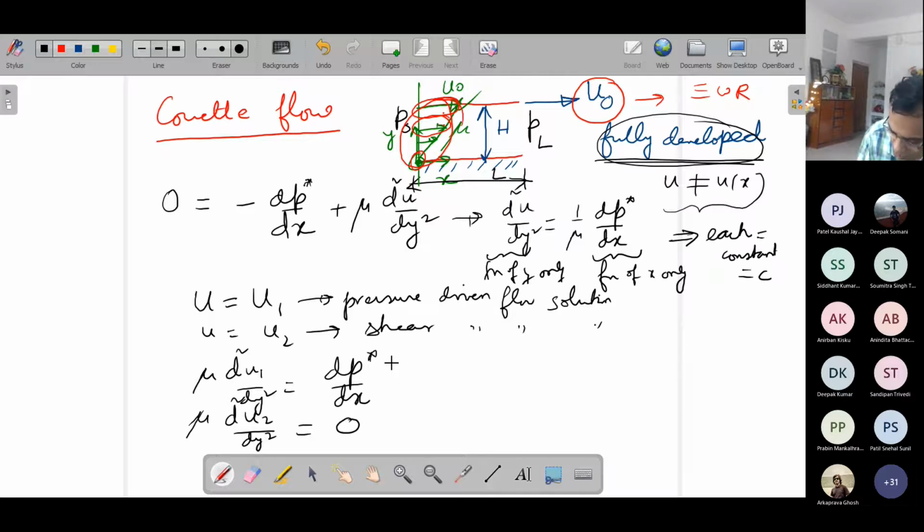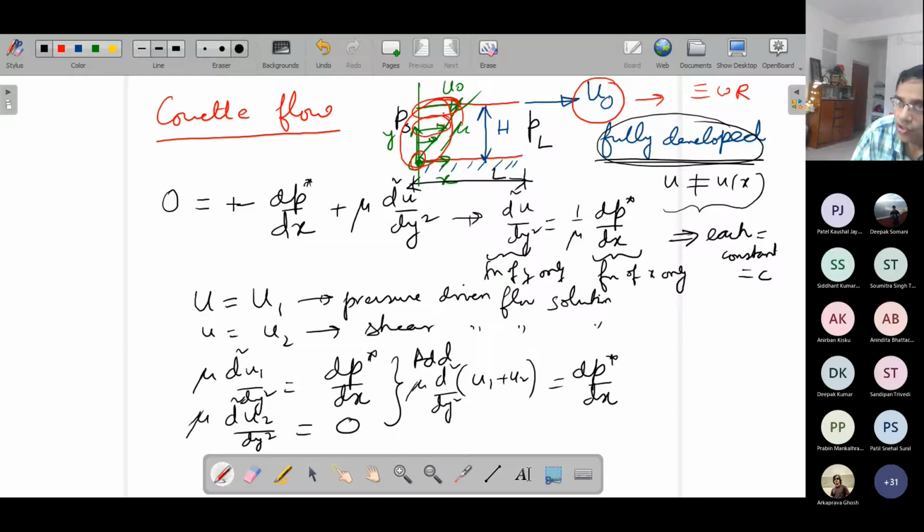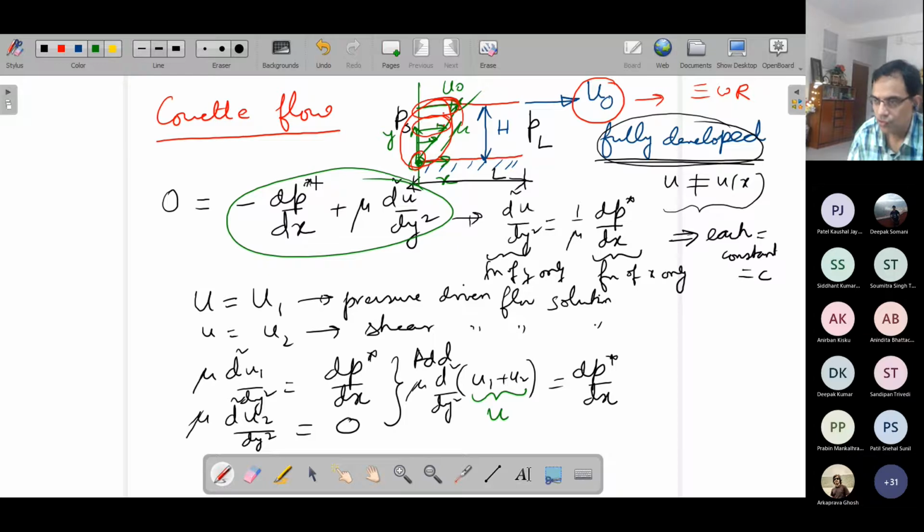Now just add these two algebraically. So mu d2/dy2 of (u1 plus u2) is equal to dp/dx. So if you construct a solution u equal to u1 plus u2, you can linearly add the two solutions to get the complete solution. This is one of the great things, happening because this differential equation is linear. So simple addition gives the additive effect in the solution.